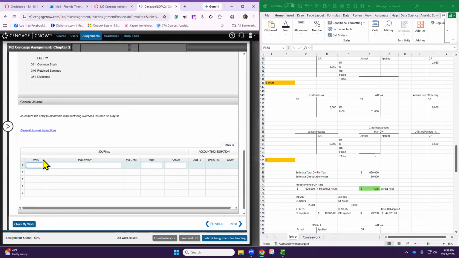And this is May 31st. And it doesn't like it if you don't spell May correctly. Okay, the debit goes to 31,000 to WIP, work in process. And then it comes out of materials for the amount and comes out of wages payable.